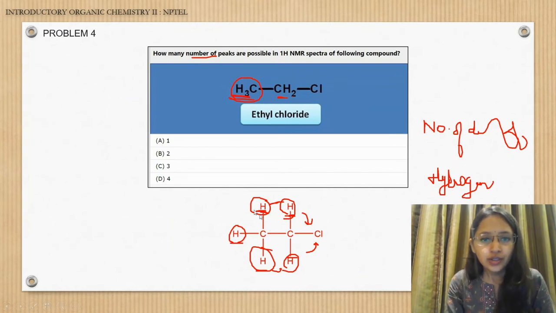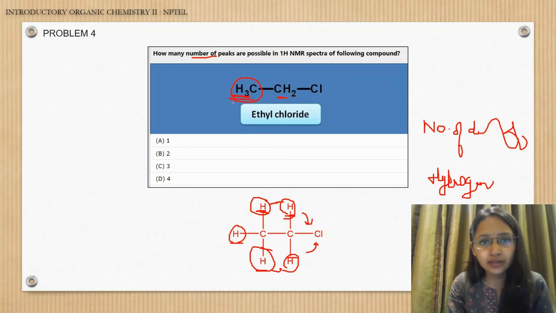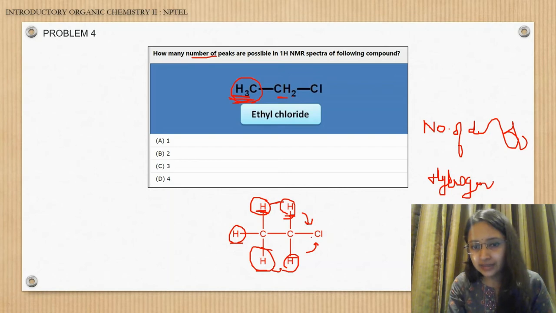Now this ethyl chloride will show up like this. These methyl protons have the same chemical environment, so they show up as a single signal in the 1H NMR. And these methylene protons also have the same environment, as they are connected to this carbon as well as this chlorine.